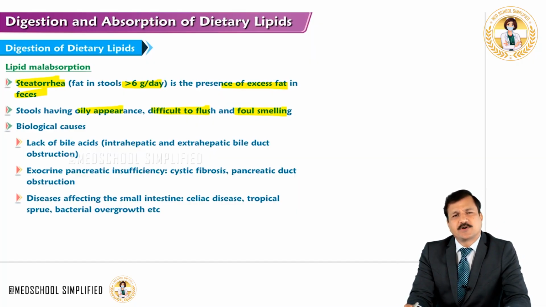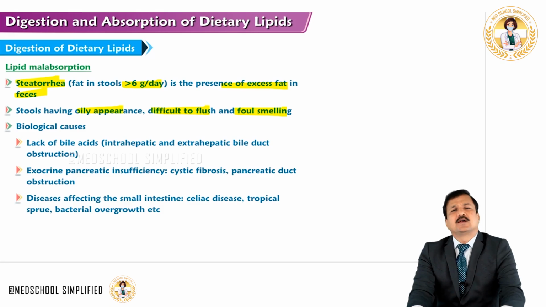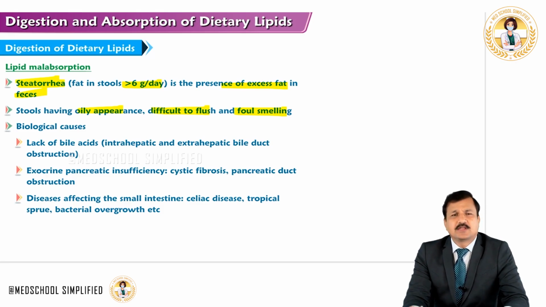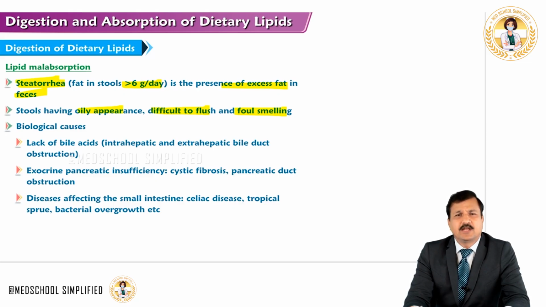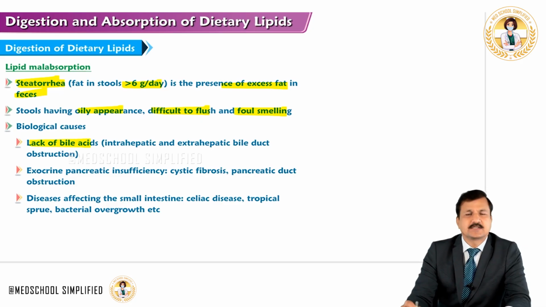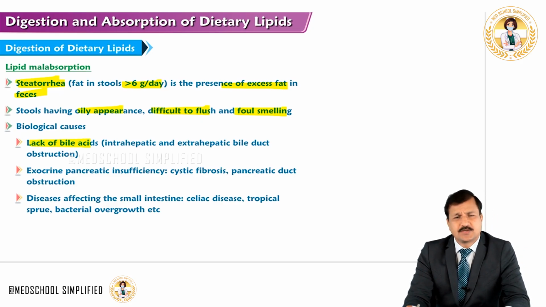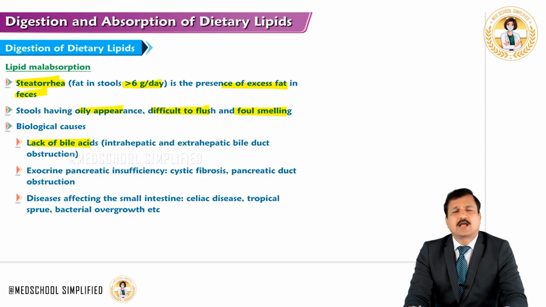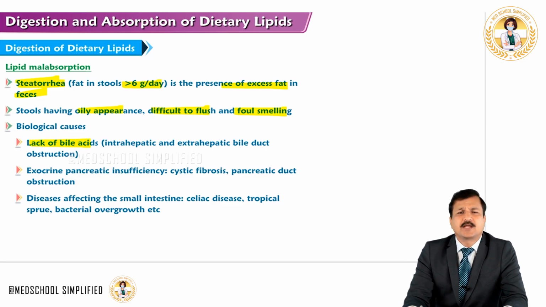So what are the causes for steatorrhea? Any interference with the digestion and absorption of dietary lipids will lead to steatorrhea. That can be lack of bile acids, because bile acids are needed for the emulsification process. Lack of bile acids can be due to intrahepatic or extrahepatic bile duct obstruction.